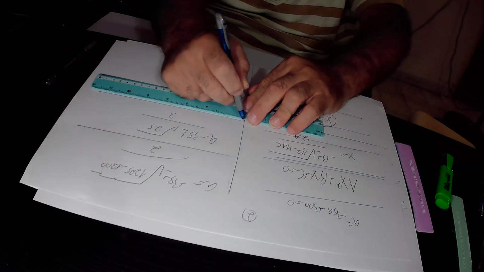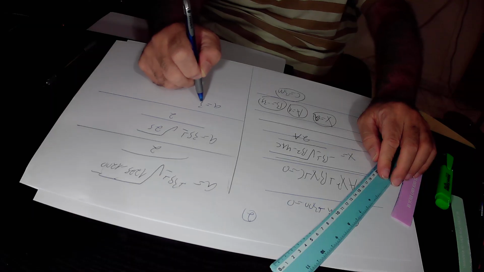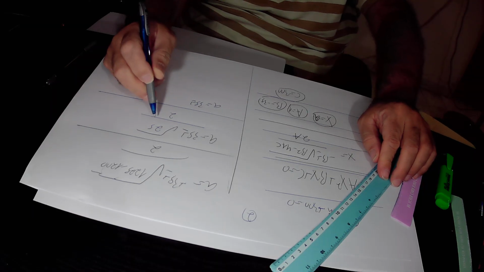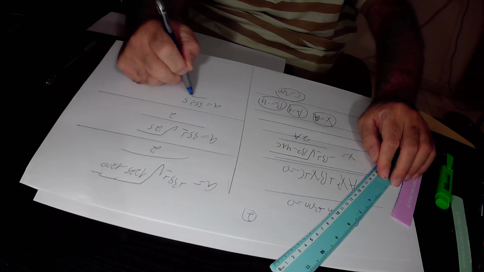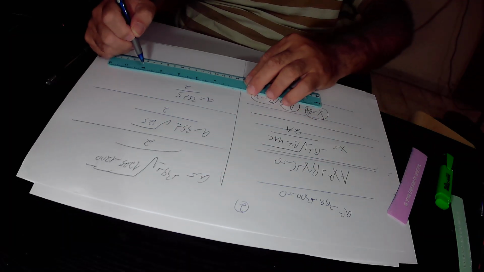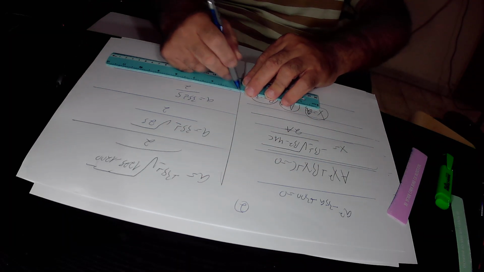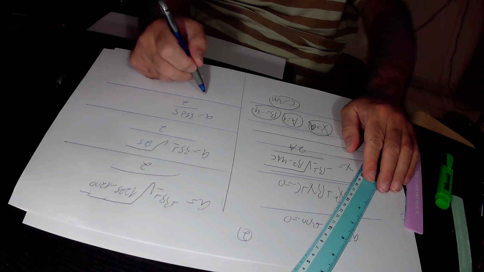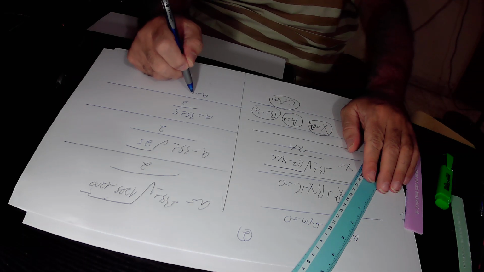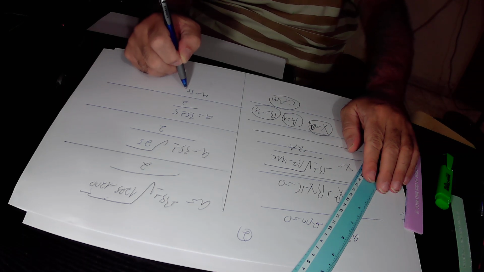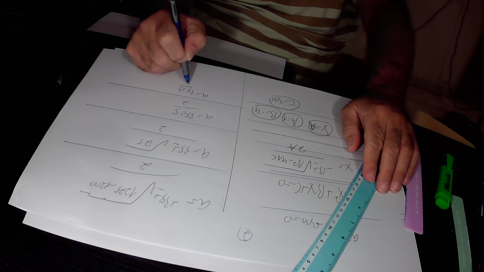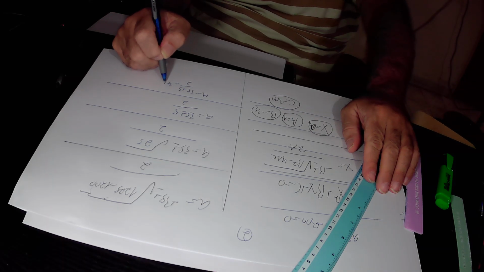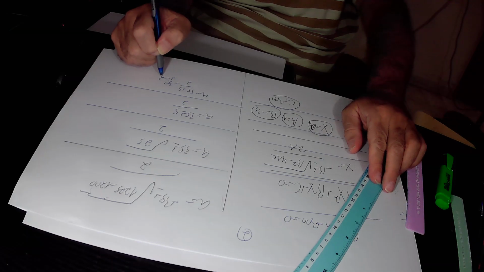So a equals 35 plus minus the square root of 25, which is 5, over 2. So here we have two possible solutions for a. The first solution is a equals 35 plus 5 over 2. 35 plus 5 is 40, and 40 over 2 is 20.